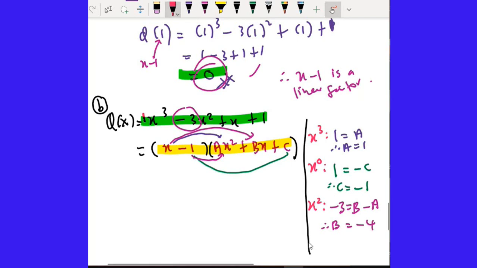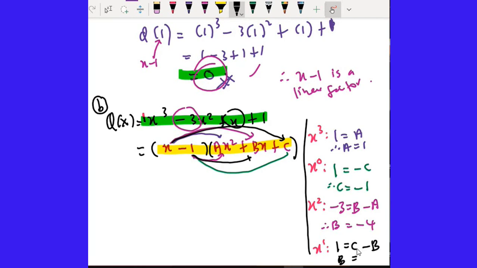Double check x power 1. On the left hand side, the coefficient is 1. And on the right hand side, this times the last one, because there are 3 branches. C with this is negative B. So B is equal to C negative 1.